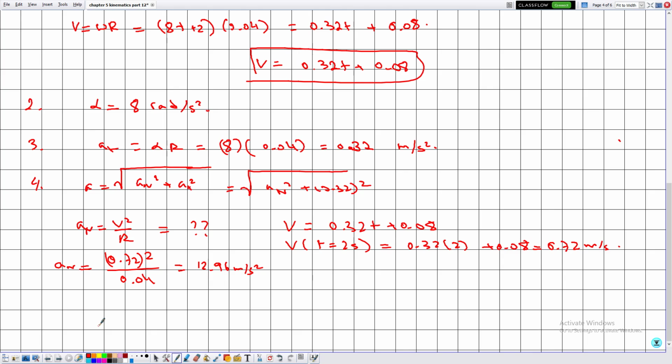Now the value of a is given by the square root of 12.96 to the power 2 plus 0.32 to the power 2. Okay, let me do it again.